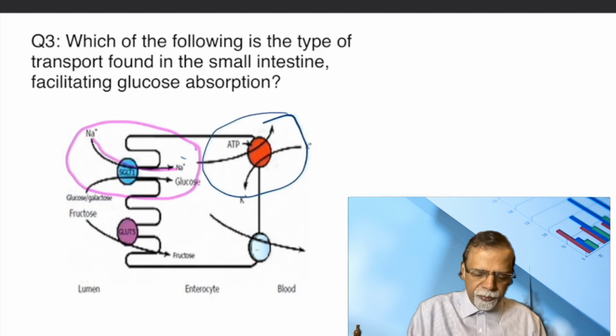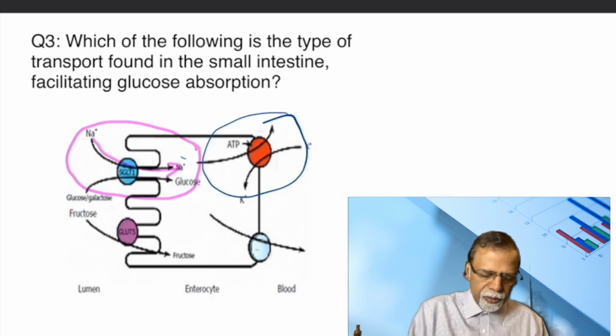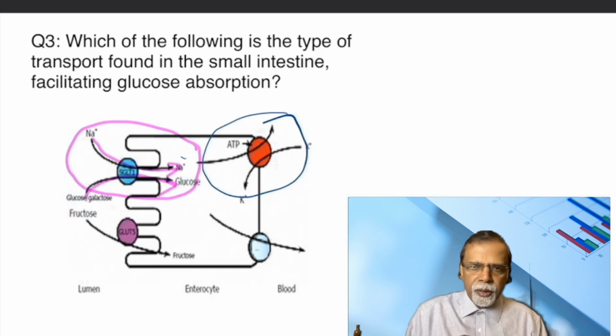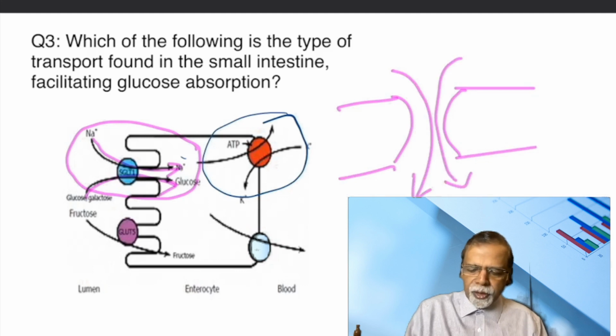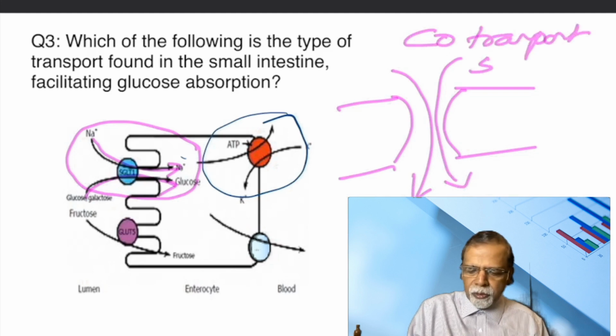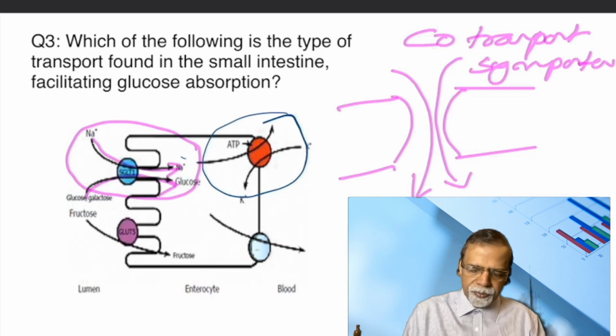Sodium goes inside because the concentration of sodium inside is less. Along with that, glucose enters. You can see that both are entering in the same direction. So it is a co-transport or symport. Materials are passing in the same direction. It is called the symporter.